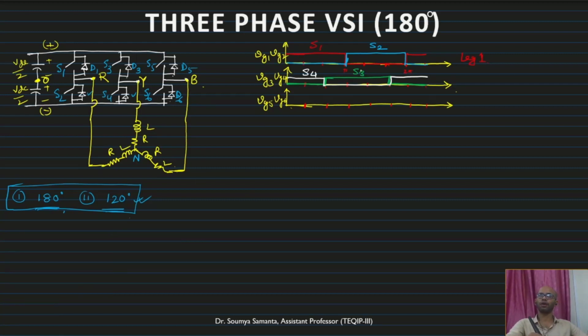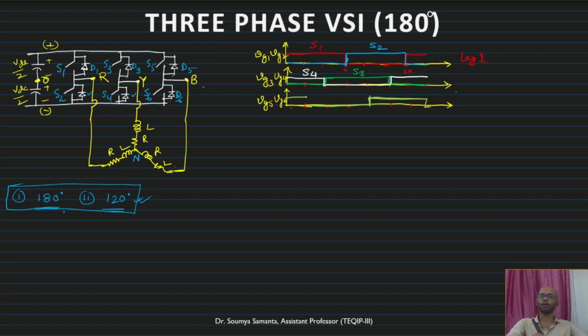After 120 degree switch 3 has turned on. Next, from switch 3 after 120 degree switch 5 will turn on. So at this point switch 5 will turn on and it will remain on up to 180 degree, and then it will drop. It will remain off for 180 degree.